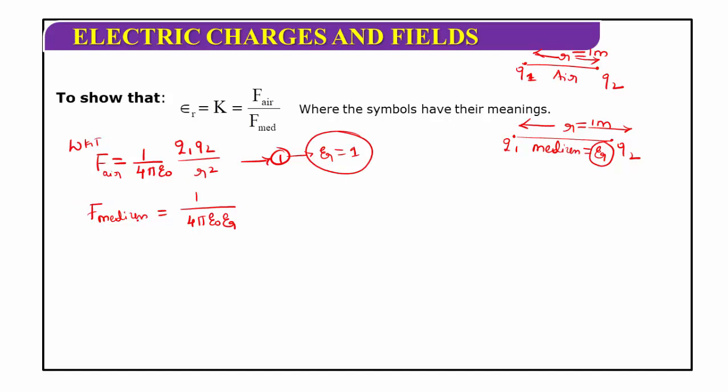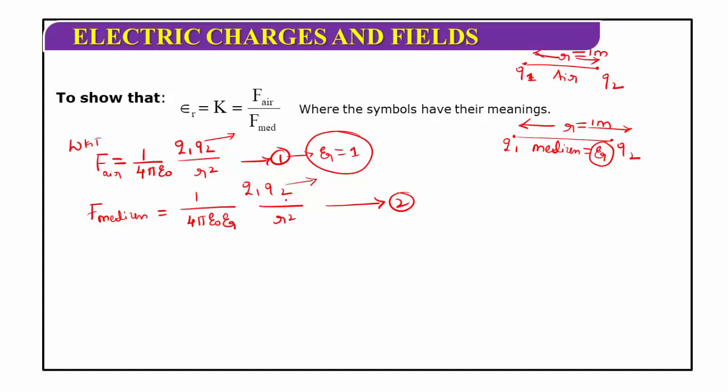But for the medium, F medium is equal to 1 divided by 4 pi epsilon naught into epsilon r, into Q1 into Q2 divided by r square. This is equation number 2. It gives the electrostatic force between the two point charges in air, and the electrostatic force between the two point charges in a medium other than air or vacuum.